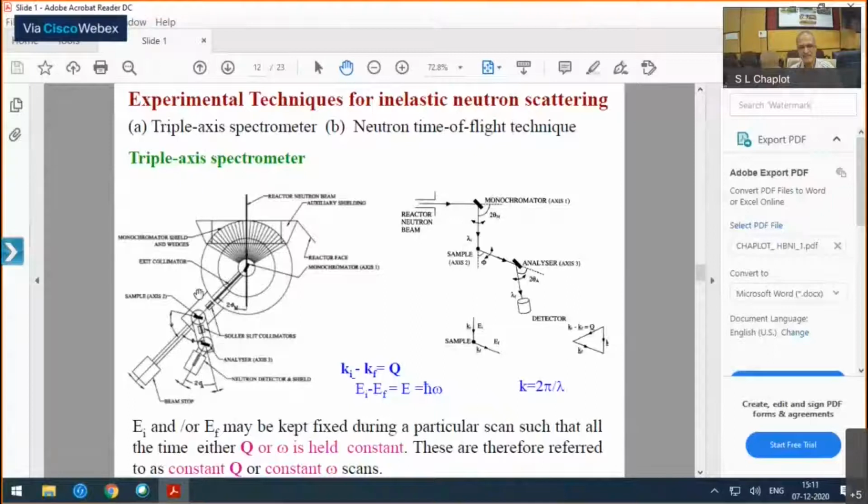Why it is so large is because you need a large amount of shielding so that the background radiation outside is manageable, so that persons can actually work here. So although there is a large amount of radiation in the reactor and inside this drum, but outside one is at something where human beings can go and work. So these neutrons come out through the shielding. Then at the sample, again you have a path from sample to analyzer, and then at the analyzer, again you have a Bragg reflection and a detector.